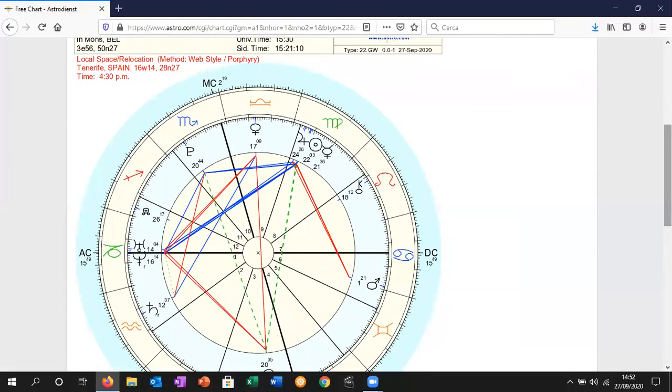This doesn't change very relevantly because the time zone difference is only one hour. We will see that the ascendant can change if the time zone is very different. Things you want to look out for in a relocation chart are Pluto's house position, the nodal axis house position, and Saturn's house position.